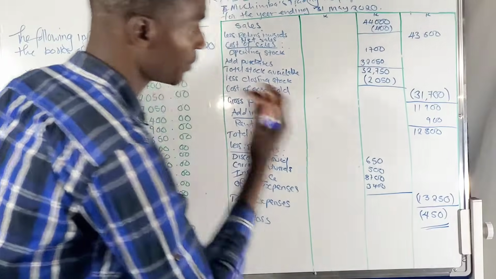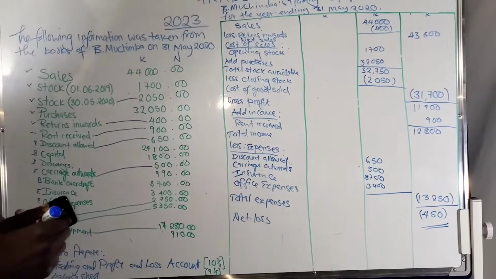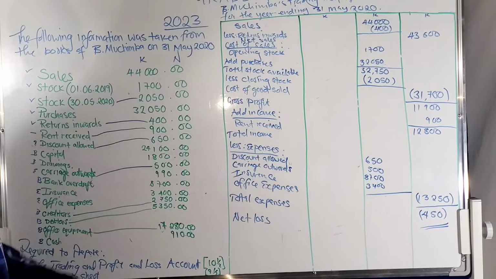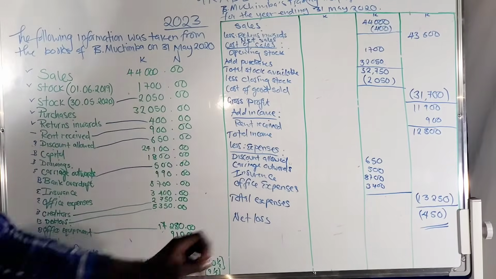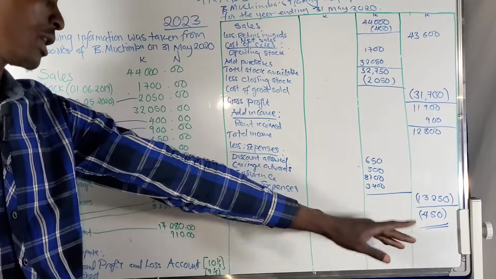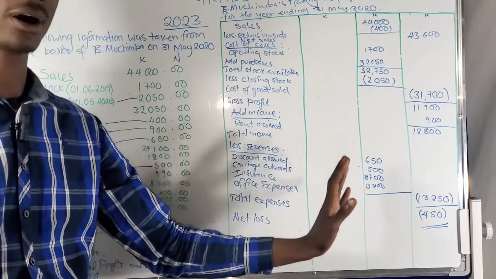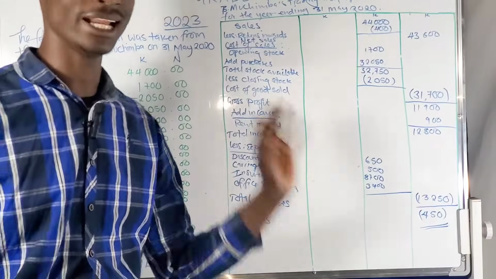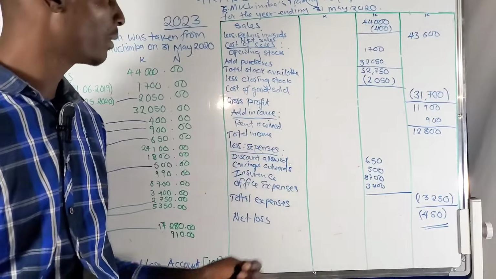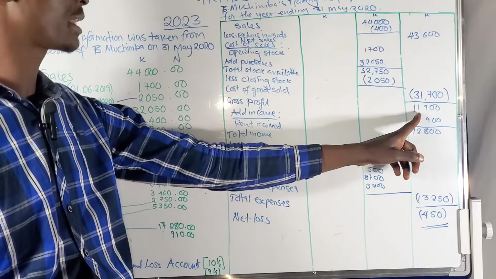That's all. So you can copy. This is our trading and profit and loss account up to the net profit or net loss. And in this case, we found net loss. All right. So the gross profit was 11,000.